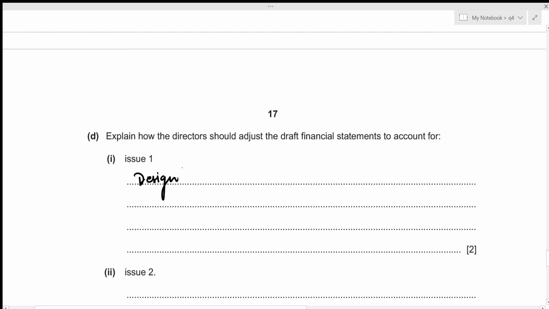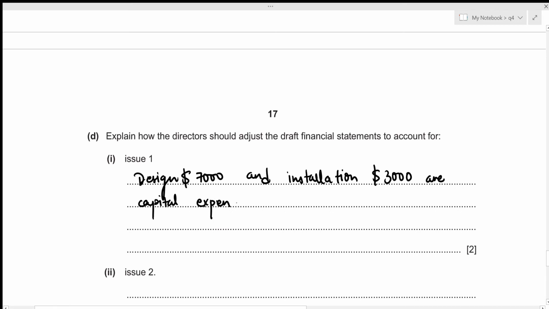So design 7,000 and installation 3,000 are capital expenditure, which are non-recurring expenses.